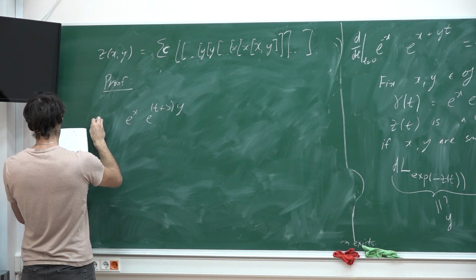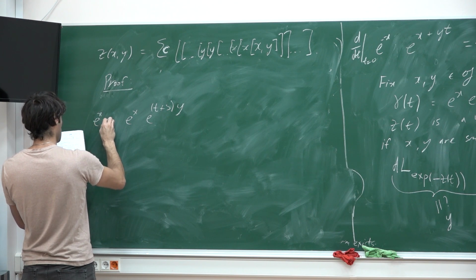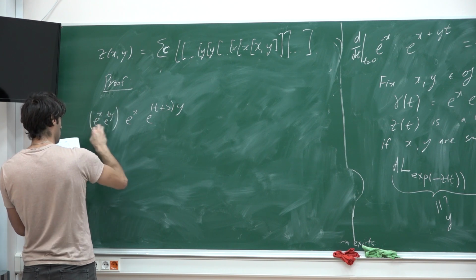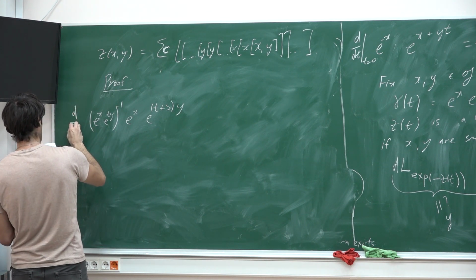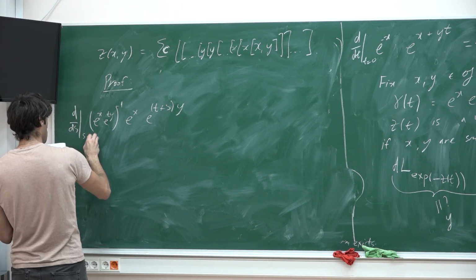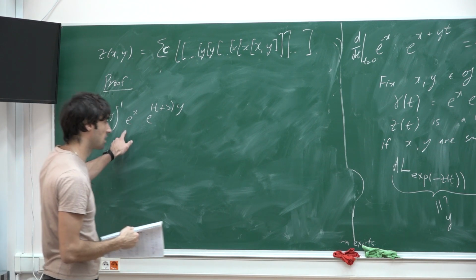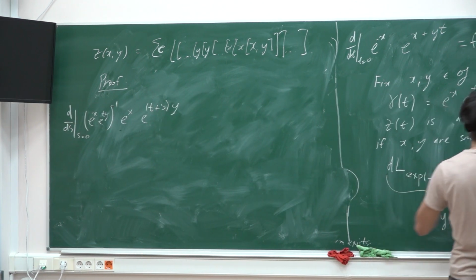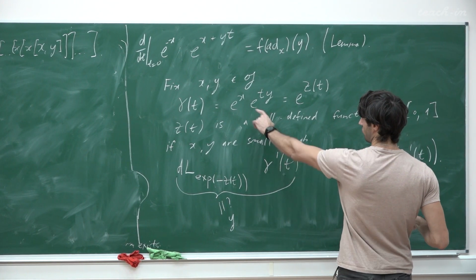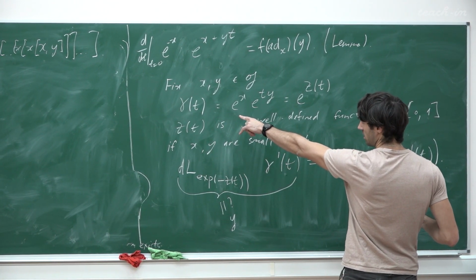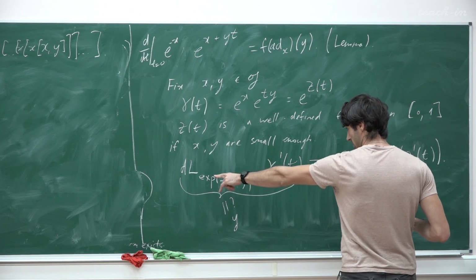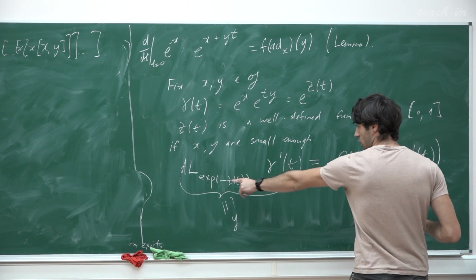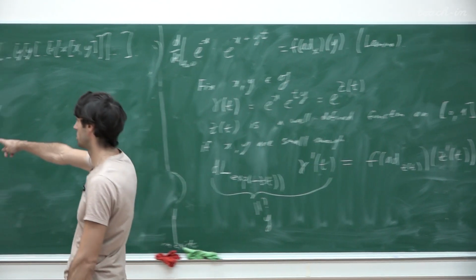So this will be e to the x, e of ty inverse, and then take the derivative with respect to s at s equals 0. So this is exactly what's written in here. If you just look at what gamma is and how to compute its derivative at t and shift it by dl, this is exactly what's going on.